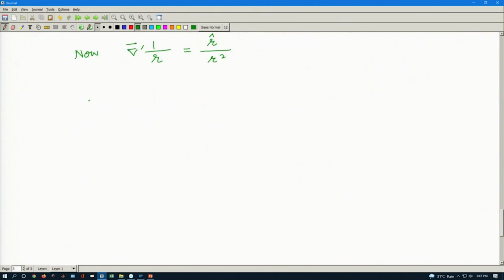So, I can write my A as a function of r in this way: mu 0 divided by 4 pi, and then I integrate m at r prime cross the gradient of 1 by r, dv prime.